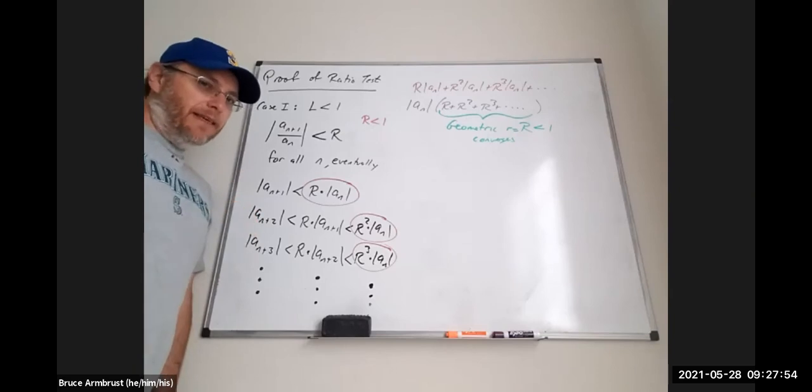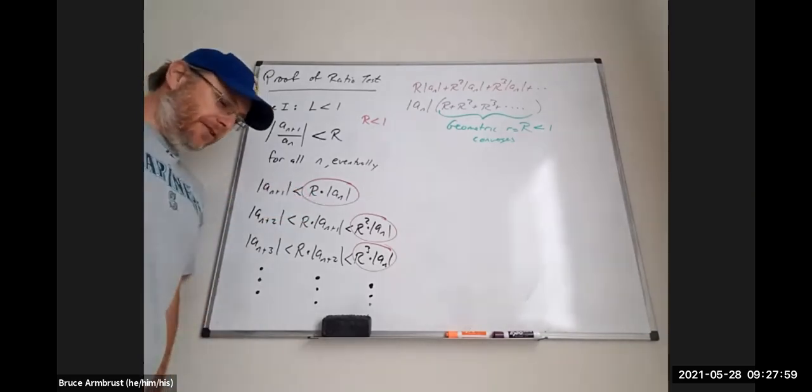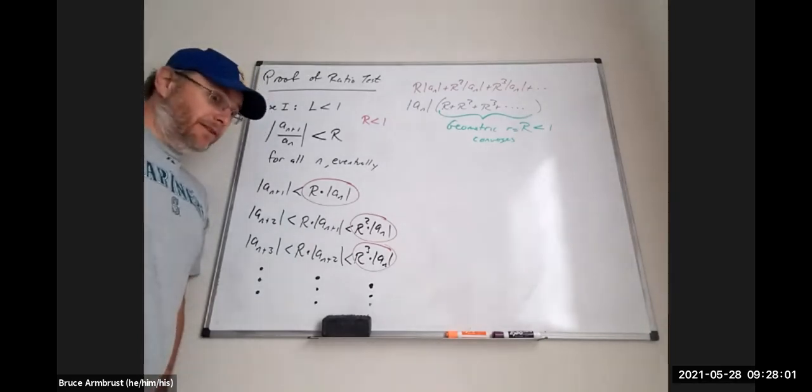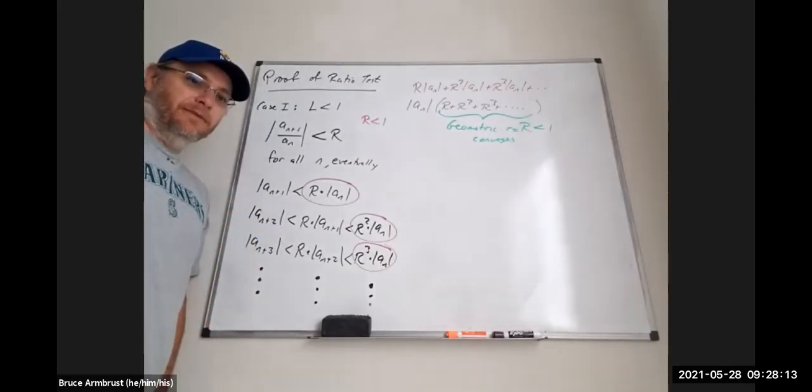And even better than that, and I don't think I put this word down when I wrote down the ratio test, but this is even better convergence than just convergence. I know it converges absolutely, because I'm looking at the absolute values of my terms.